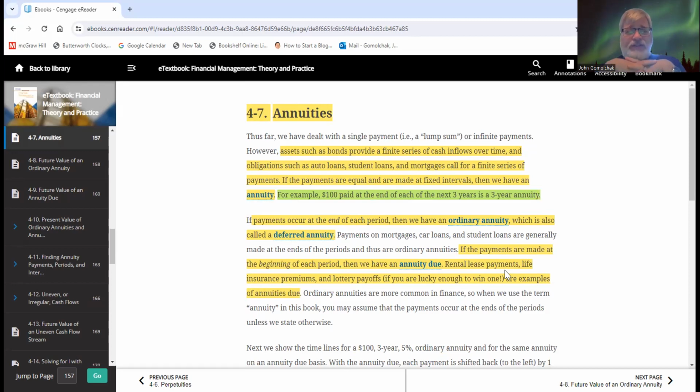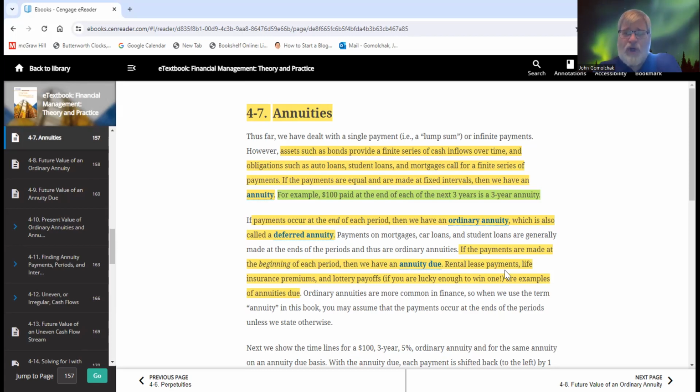An annuity is a stream of money that moves into the future. It is a payment of a specific recurring amount for a particular period of time, not in perpetuity, because if it was perpetuity, we would use that other calculation, which would be payment over interest rate. Okay, annuities have an end.